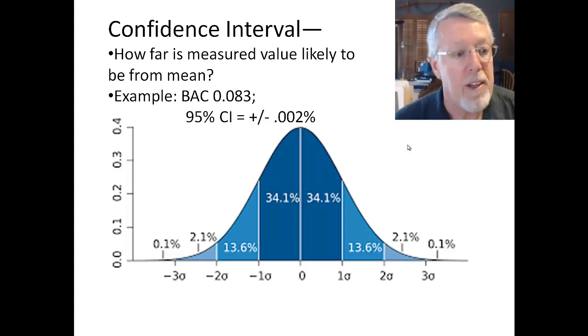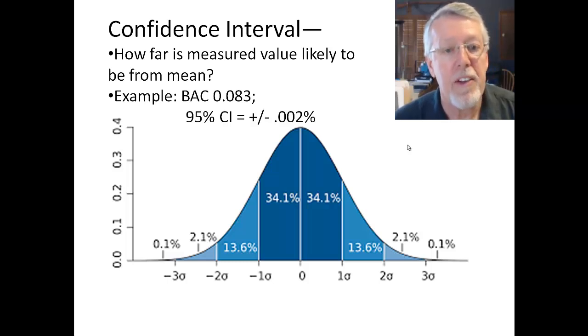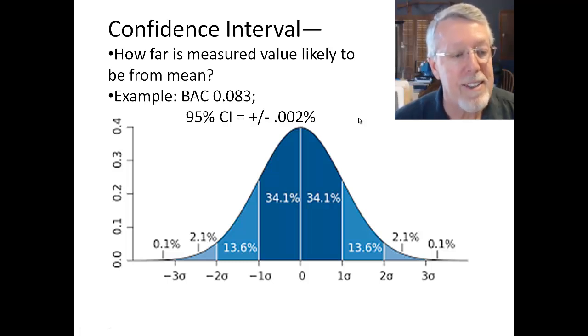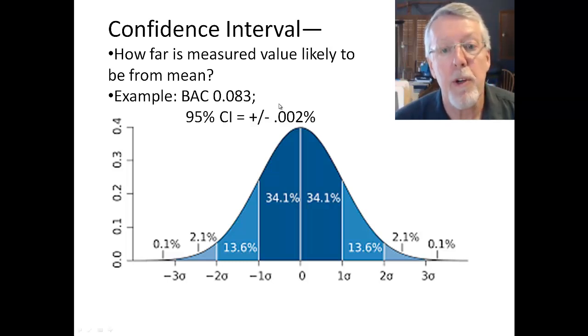So, to illustrate, suppose that blood alcohol concentration is measured to be 0.083%, and the 95% confidence interval is plus or minus 0.002%. Okay, what does that mean? That means that if you tested the same sample, the sample where you got the report of 0.083 concentration, if you tested it many times, there's estimated to be a 95% chance that the mean of all of those measurements would be plus or minus 0.002% from this value.